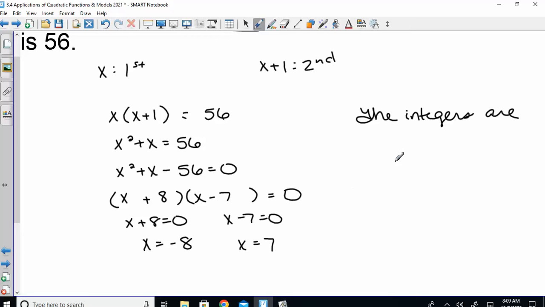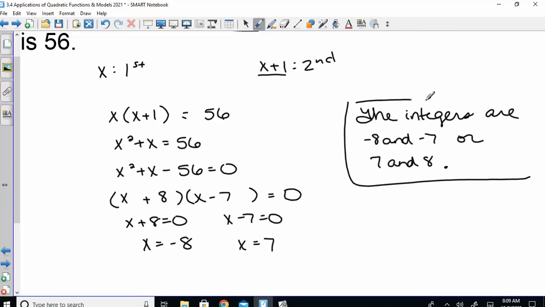So if x is negative 8, then the other one is x plus 1, so negative 8 plus 1 is negative 7. Or if the first one is 7, the second one, 7 plus 1, would be 8. So the integers could be negative 8 and negative 7, or they could be positive 7 and positive 8. Is that okay?